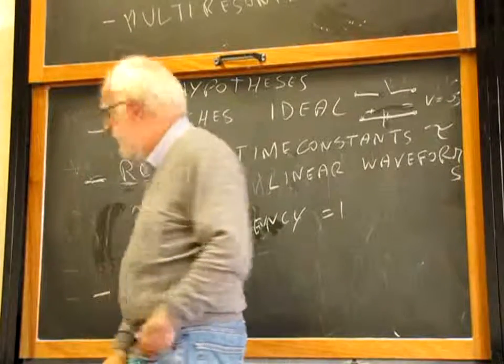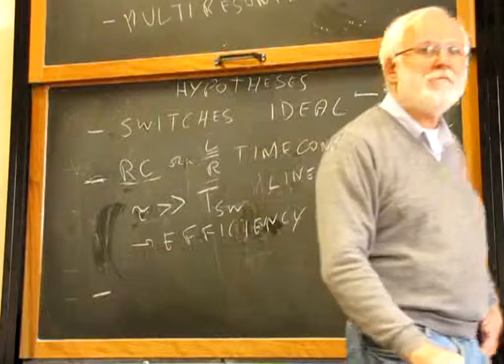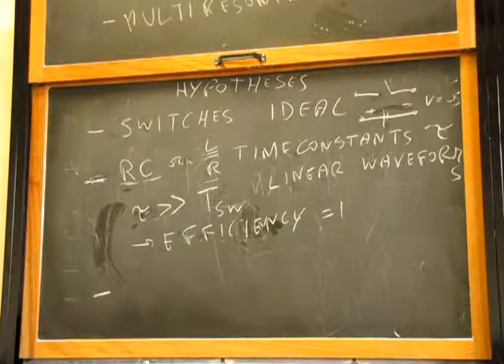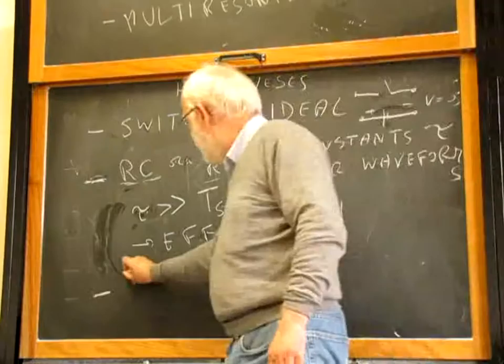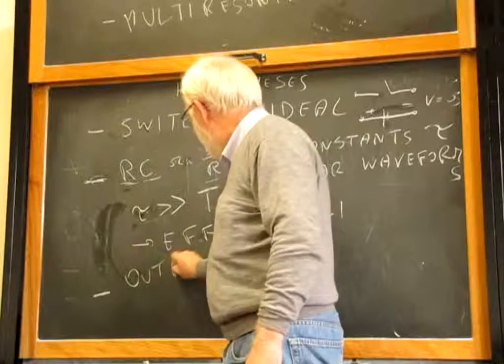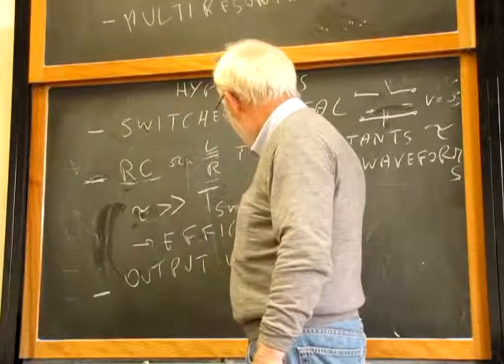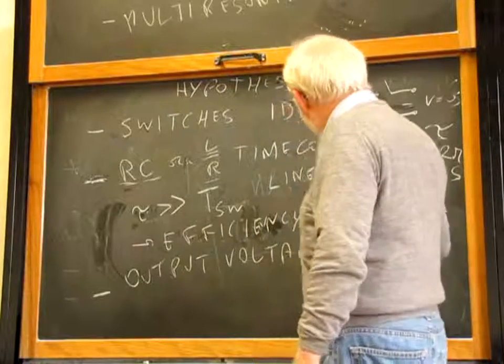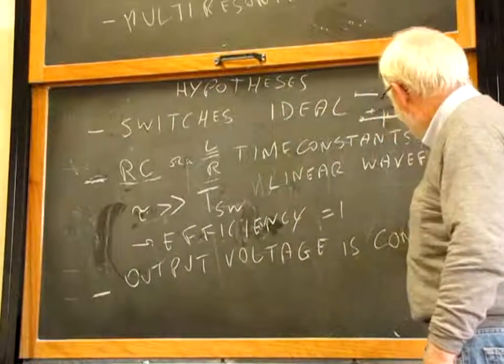Then, third assumption, we will cheat, basically, because we will consider, in some cases, that the output voltage of a power converter is constant.